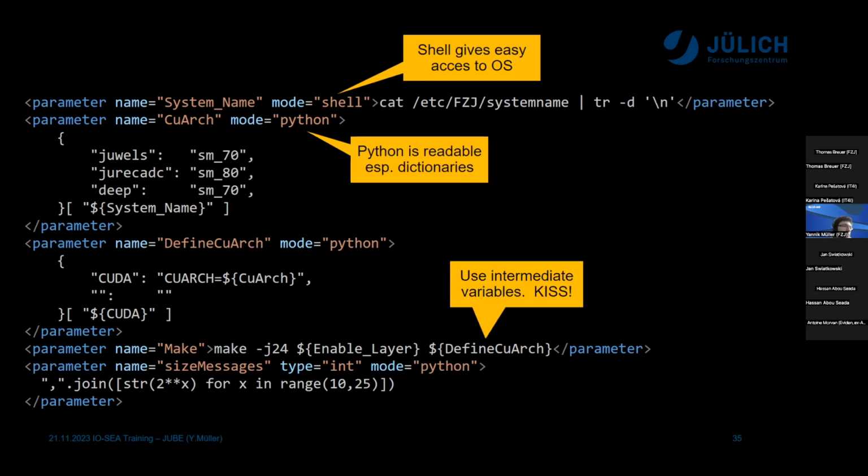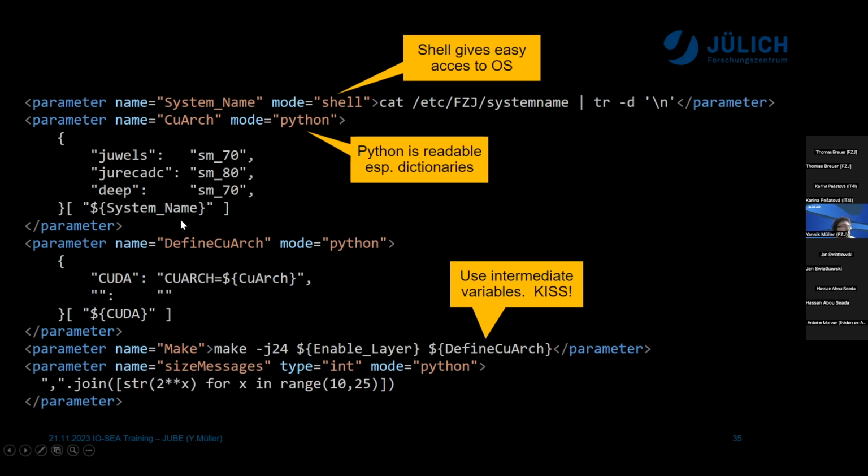Then also, this is more best practice to keep the topic of readability going. I like to use some intermediate variables. I call intermediate all the variables that are not actually used in any of the do or anything. So it's not something that you see in any log output or in any script at the end. It's just an intermediate to get there. For example, this define QArch.